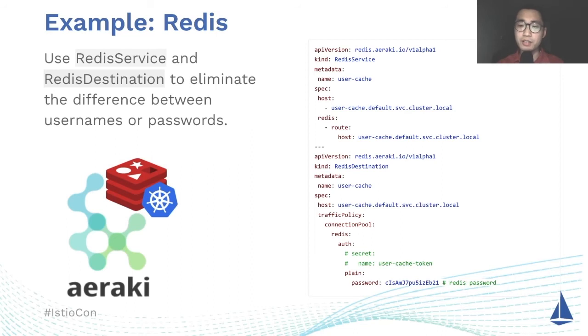Next, we create Redis service and Redis destination to eliminate the differences in passwords or usernames. You can also use a Kubernetes secret here to store your Redis password, which may be safer. And if you are using a Redis operator, this can be created automatically.